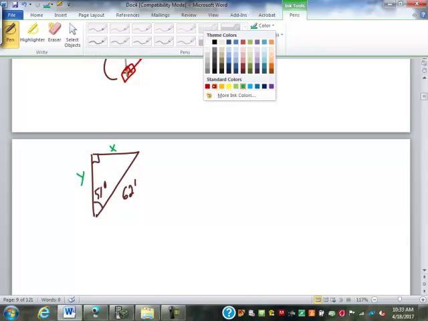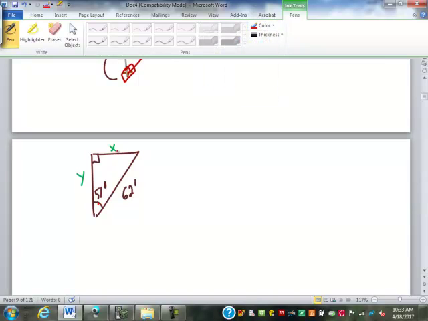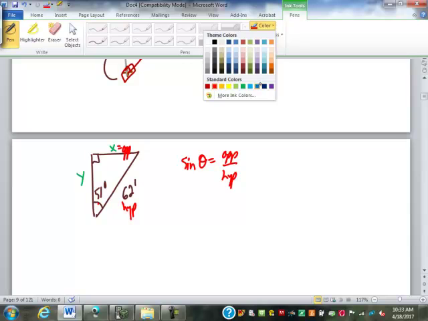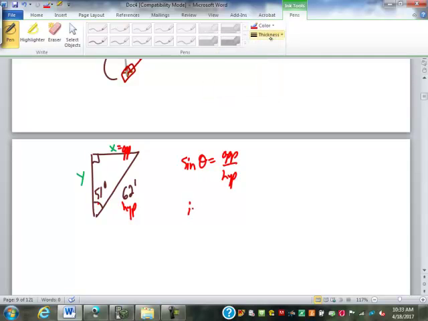Well, let's find X first. According to my angle of 51, X would be which side? Opposite. Of course, the 62 that I know is the hypotenuse. Opposite and hypotenuse are sine. So sine of theta is opposite over hypotenuse.